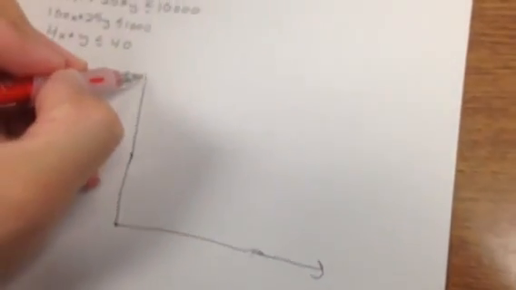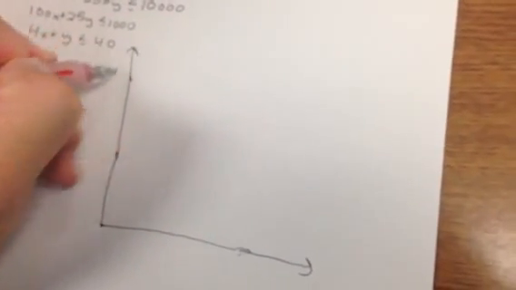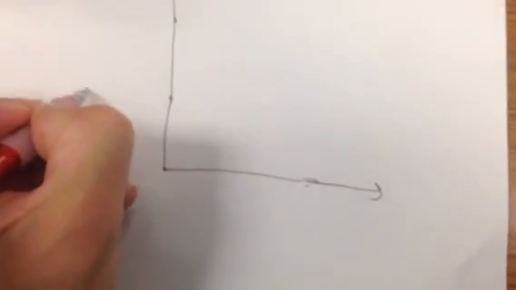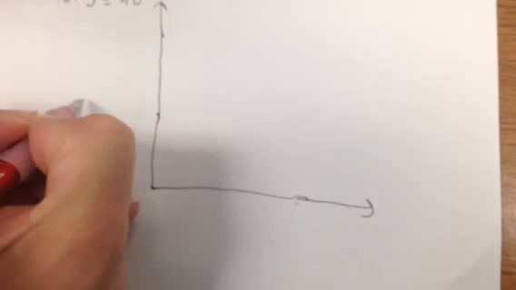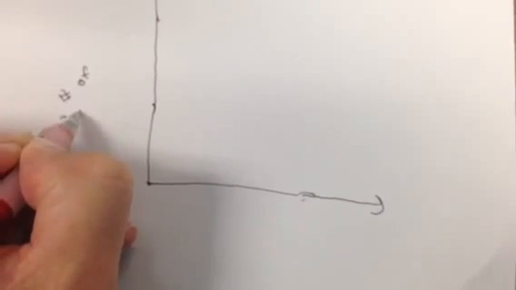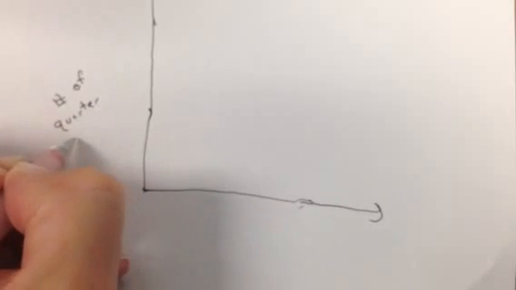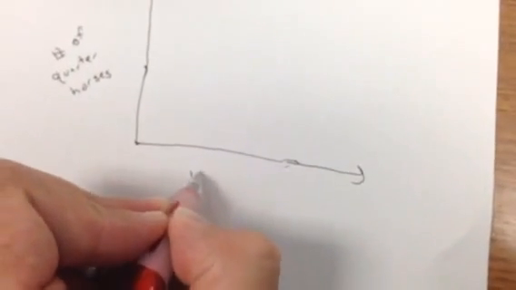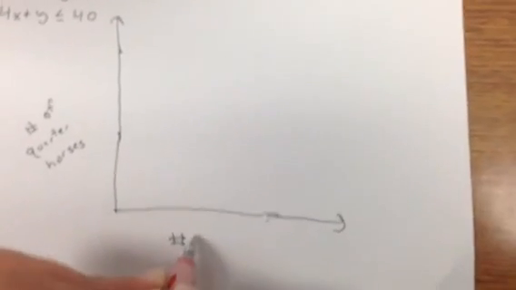I'm not drawing the negative quadrants because we already know that we're going to be between 0 because we can't have negative horses. So we're going to be in the positive quadrant, quadrant 1. So this is our number of quarter horses. And Y is our number, or sorry, X is our number of thoroughbreds.